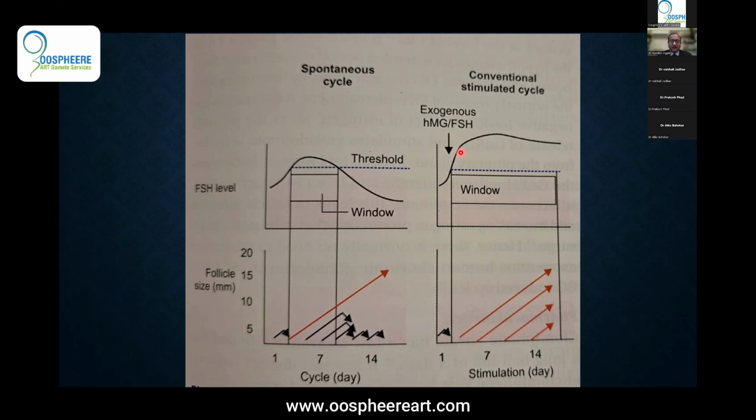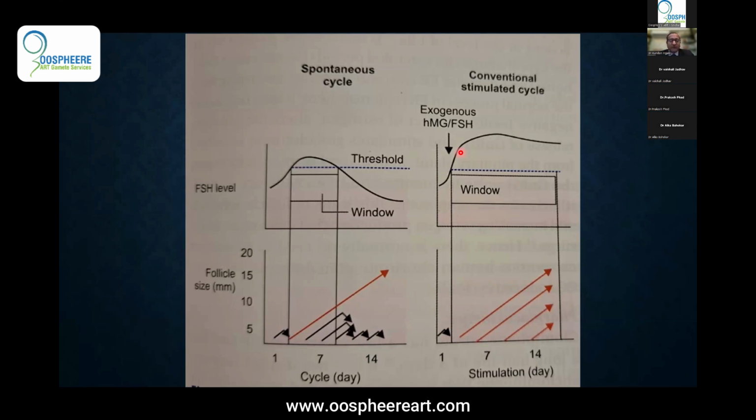Don't go beyond that. And HMG 450 is equal to recombinant FSH of 300 IU. So for all poor responders, you can use recombinant FSH 300. That will give a similar response to HMG 450. I hope you are clear. We may discuss it at the end of the lecture if you have any query. But please note it down.